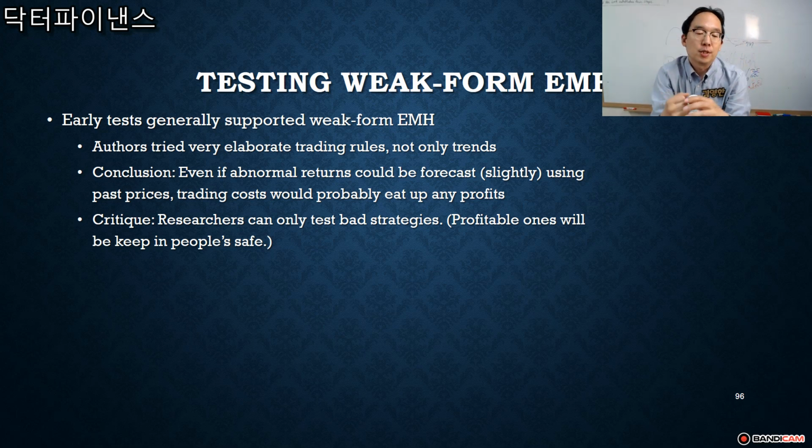Because if weak form market efficiency really holds true, why do we still have so many technical analysts in the market? The brokerage houses, investment banks, and a lot of hedge funds really look at technical analysis, especially when they try to time the market and click the buy and sell button. It's 2020 and we still have so many technical analysts.